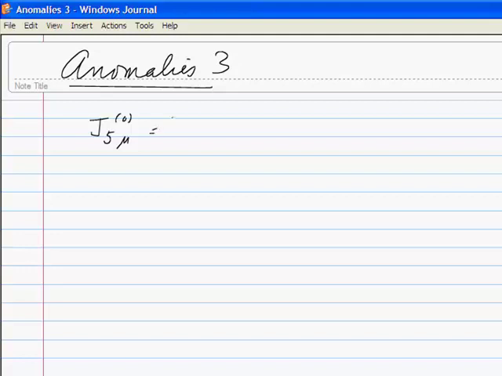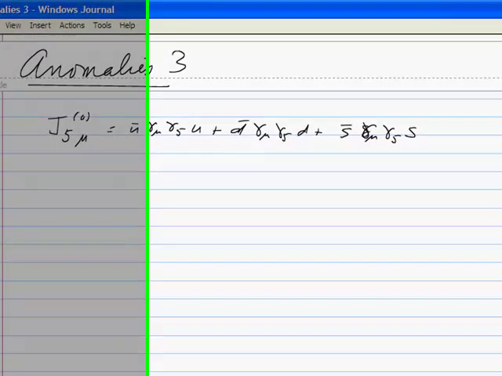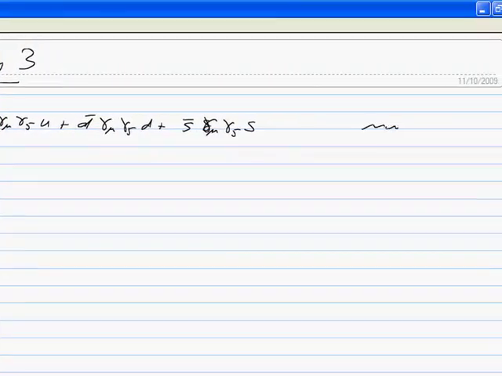So it's u bar gamma mu gamma 5 u plus d bar gamma mu gamma 5 d plus s bar gamma mu gamma 5 s. And the calculation we're attempting is this current, the J5 current, through a triangle diagram to two gluons.